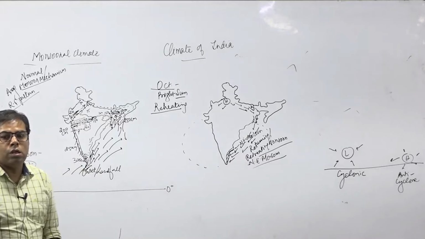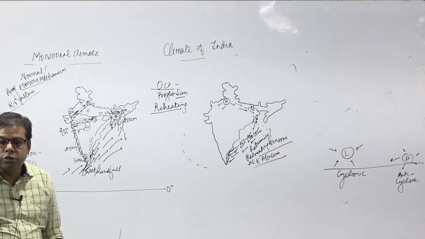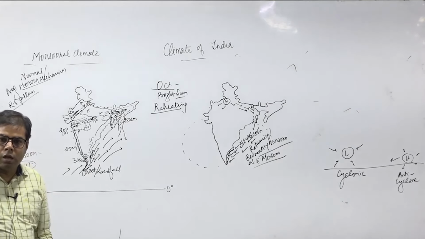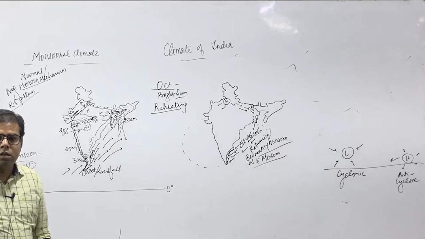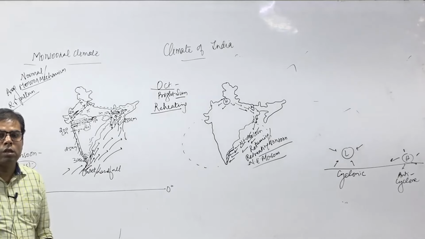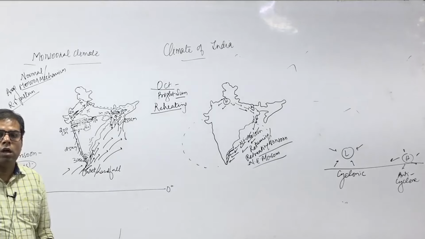But there was previously a question. What was the question? During the period of southwest monsoon... हाँ that's why it is very dry. The UPSC said almost dry. हाँ ठीक है.